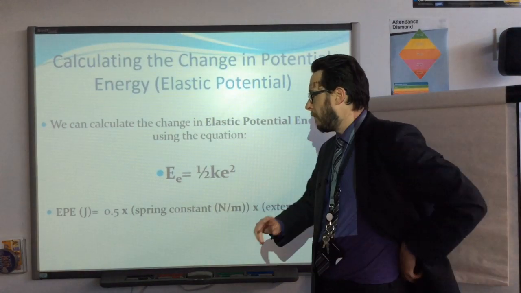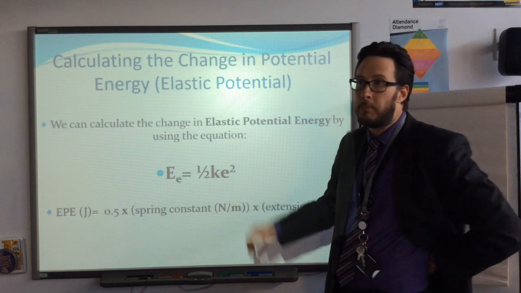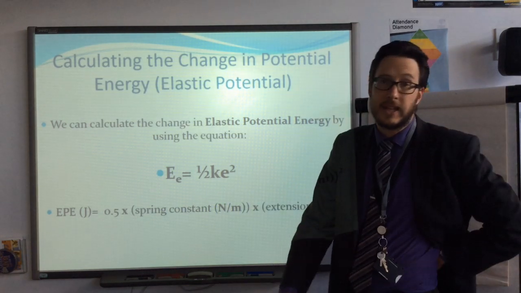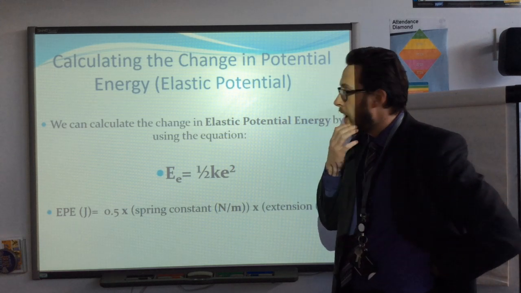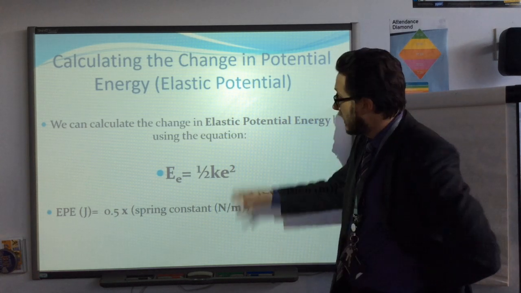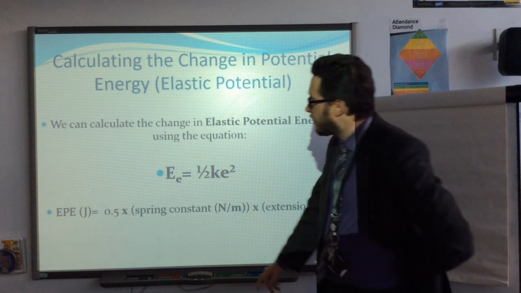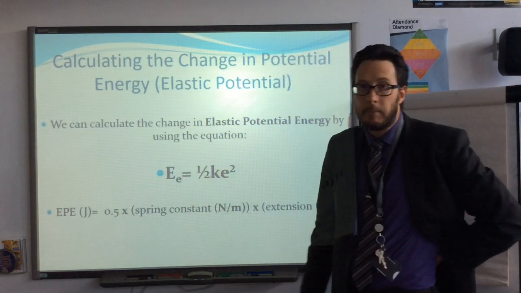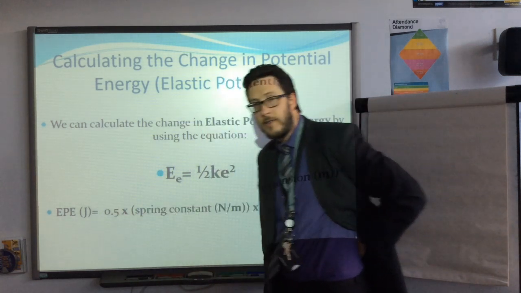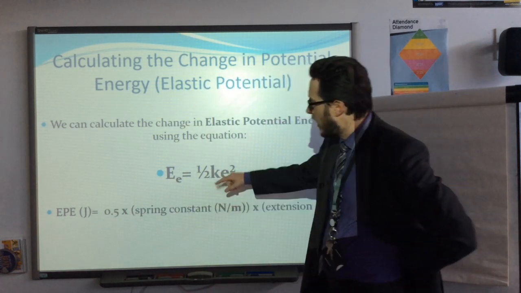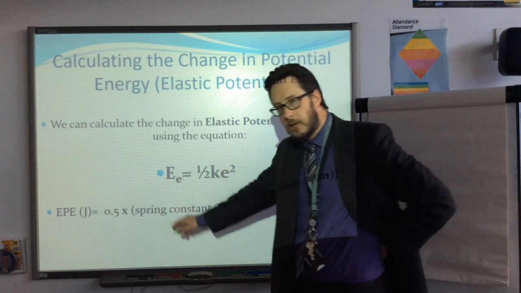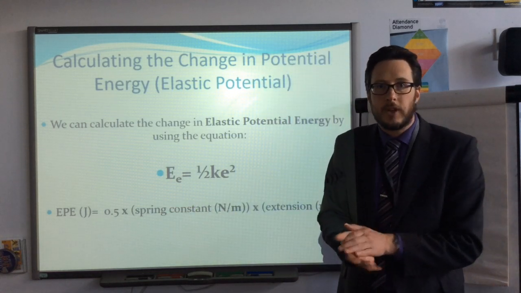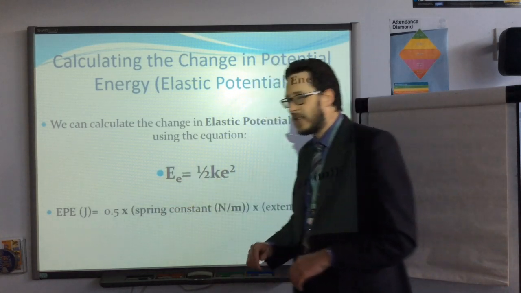I am going to show this one, which is a bit funny because this one is available on the equation sheet you get in the exams. You don't actually have to remember and recall this particular equation. You are given it. So elastic potential energy is equal to a half, or 0.5, multiplied by k, and k stands for the spring constant, which you should be given if you're expected to work out elastic potential energy.